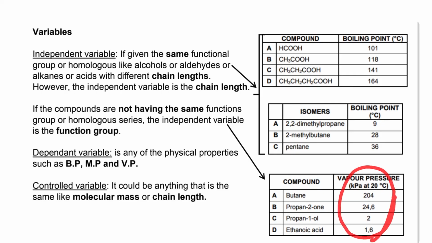And the dependent variable will be the vapor pressure, right? And the control variable always, guys, is anything that is the same, like the molecular mass. If the molecular mass of these are the same, that's the control variable. It's 4 carbons and it's 3 and it's 3 and it's 2. So here the control variable is anything that is the same, but we don't have them.